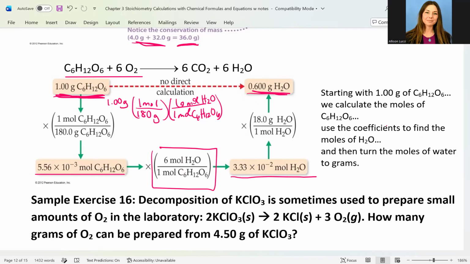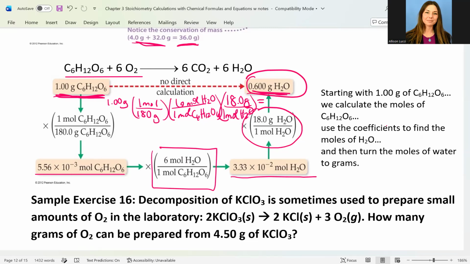And then in this last step, I could use the molar mass of water, and I would multiply here that for every 1 mole of H2O, that's about 18 grams. And then when I multiply that last step, that brings me to this value here. So we always have to get to an intermediate of moles. Generally you would be given a value in grams or milligrams, convert that to moles using the molar mass in grams per mole.